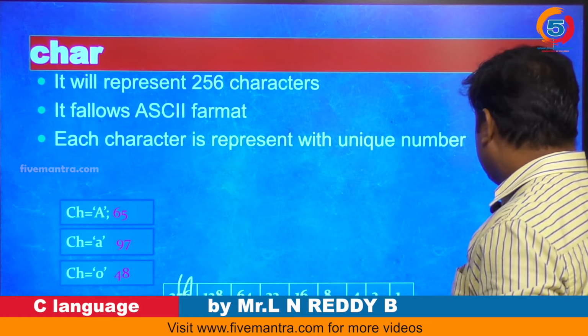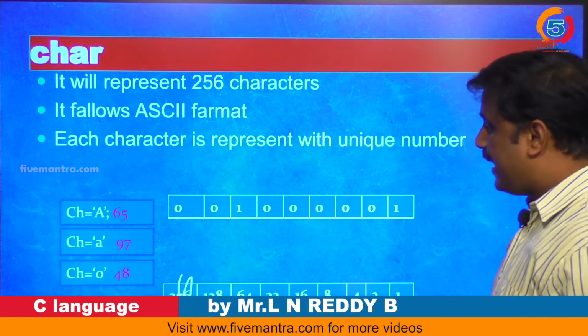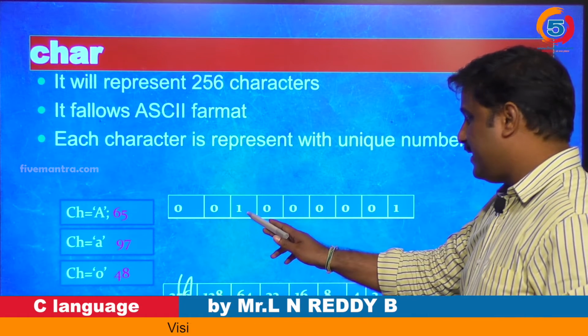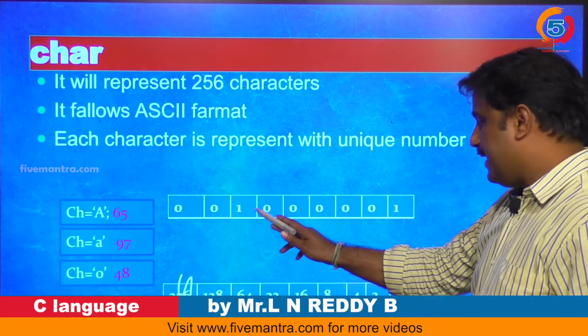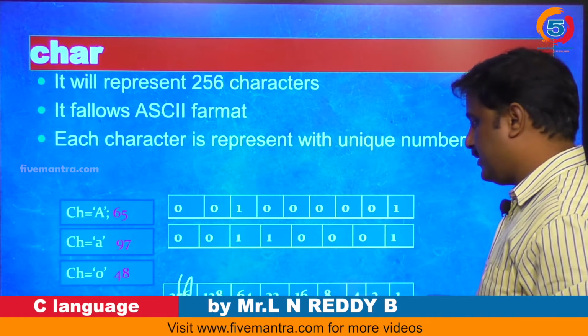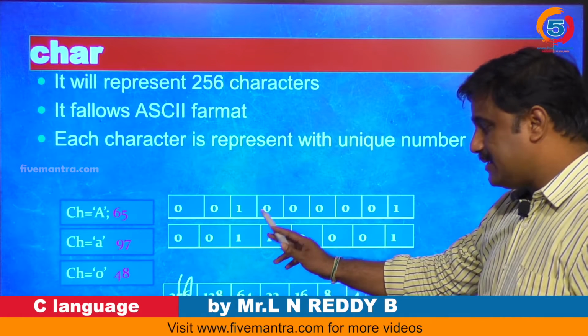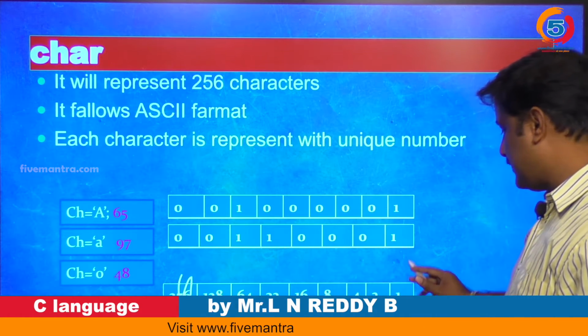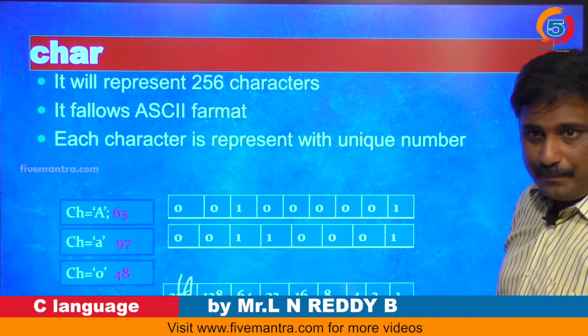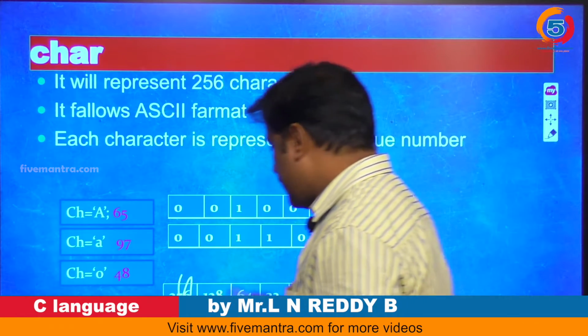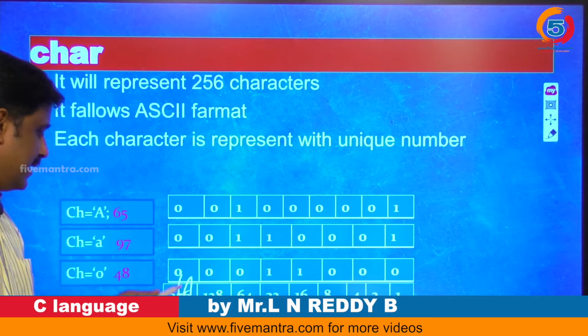Now I want to save A, which is 65. This is the 64th bit, and next one is the 1 bit. And 97 is 64 plus 32, which is 96, plus 1, 97. In the same way, 48 is also the same.